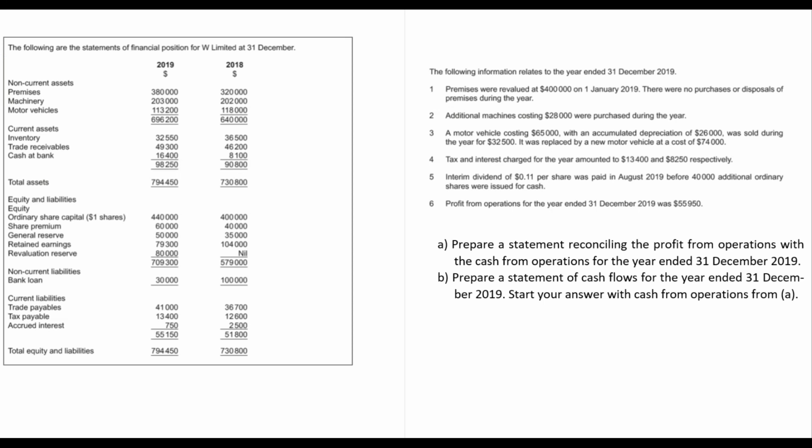Looking at motor vehicle now, a motor vehicle costing $65,000 with an accumulated depreciation of $26,000 was sold during the year for $32,500 and was replaced by a new motor vehicle at a cost of $74,000. Now, in this question, we have not been provided the provision for accumulated depreciation, opening balance and closing balance.